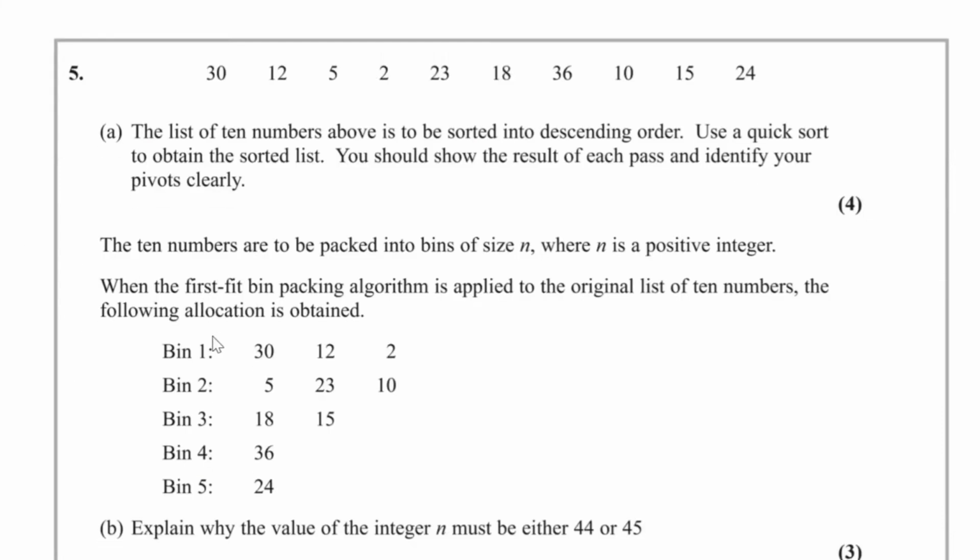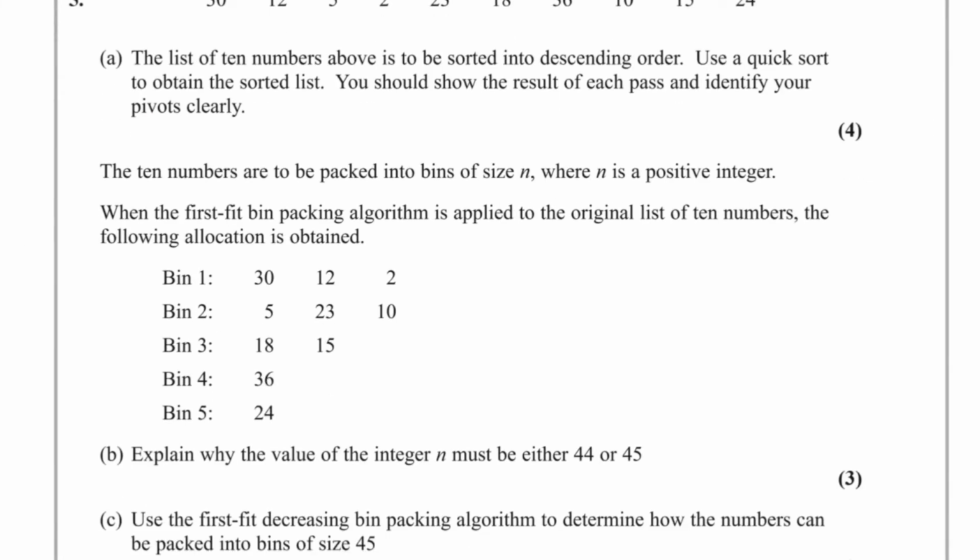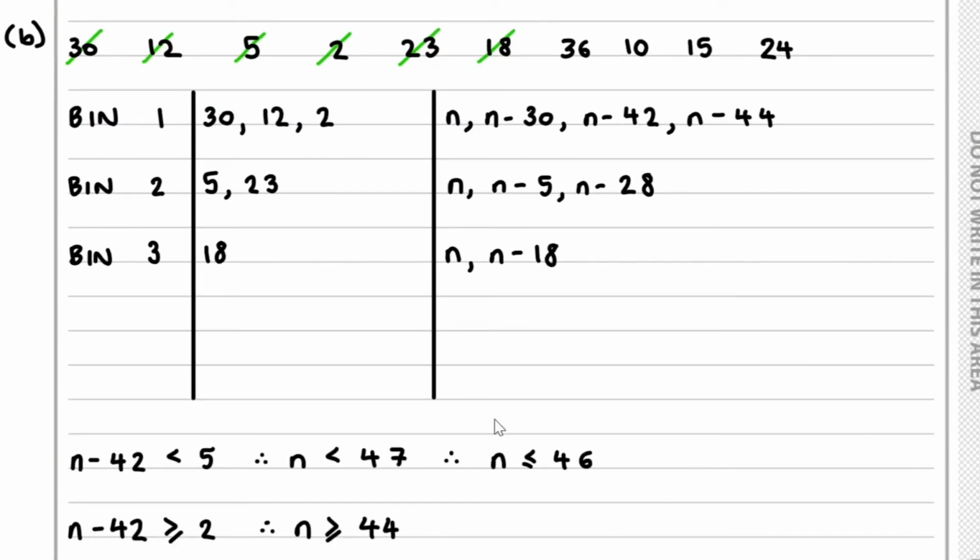So if I take a look at the 36, it's been placed into bin number 4. So if I open up a new bin, bin 4 say, it's got a size of n, I place the 36 into it, so the remaining space is n minus 36. So let's cross off the 36 indicating we've used it.